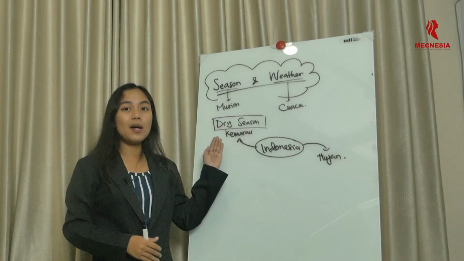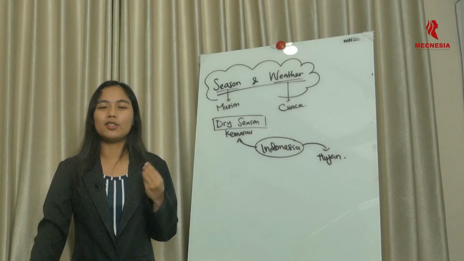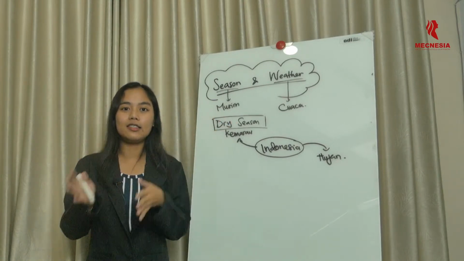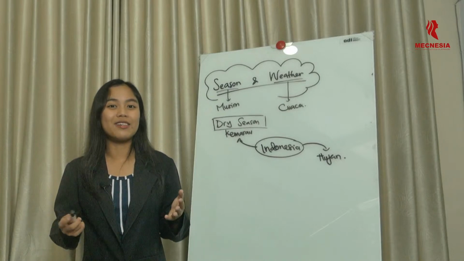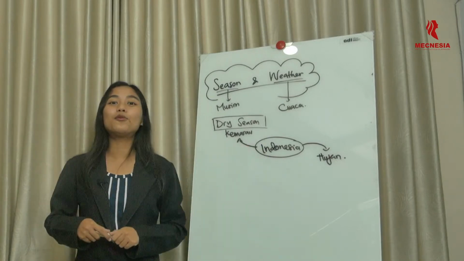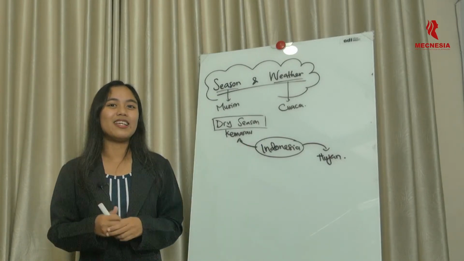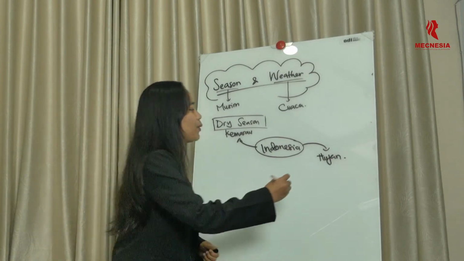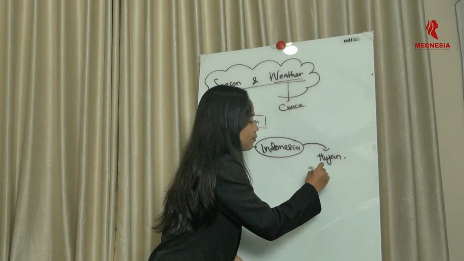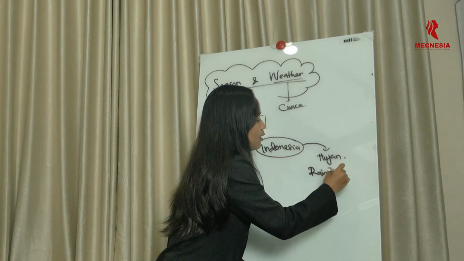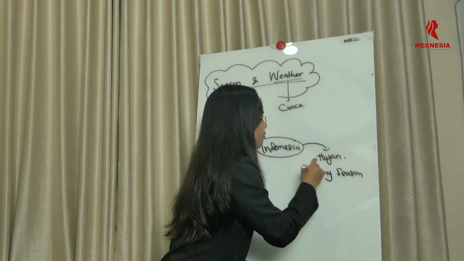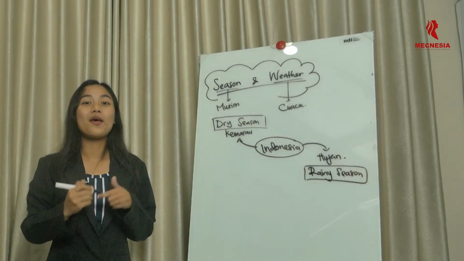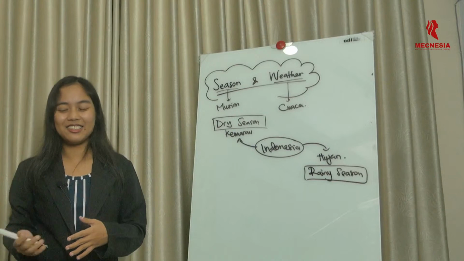Oke, jadi karena kemarau itu sangat kering, bisa menyebabkan kekeringan juga, makanya dia lebih ke dry season, bukan summer. Next, untuk musim hujan. Hujan bahasa Inggrisnya adalah rain. So, musim hujan in English is rainy season. Let's say it with me. Rainy season.